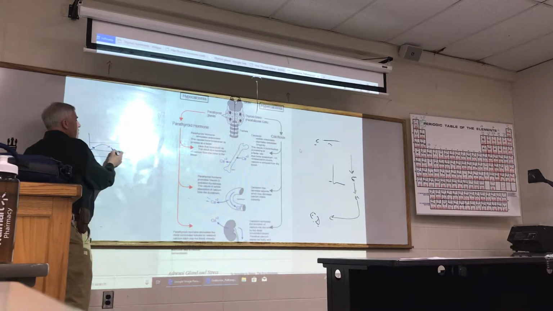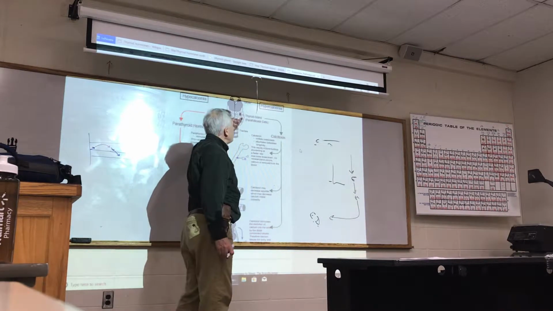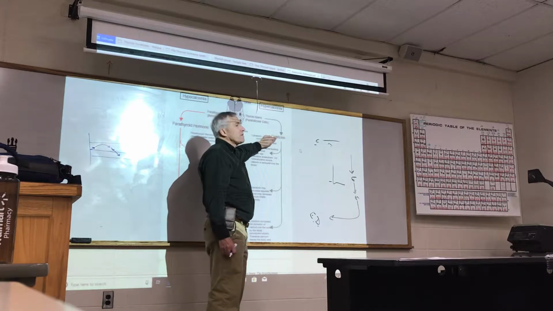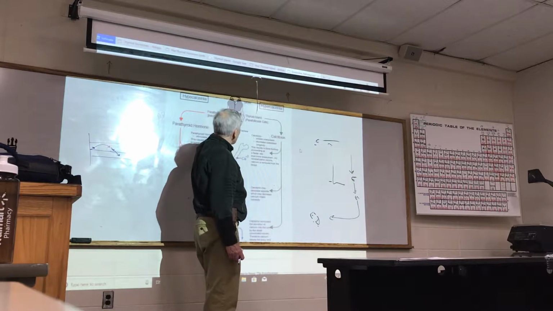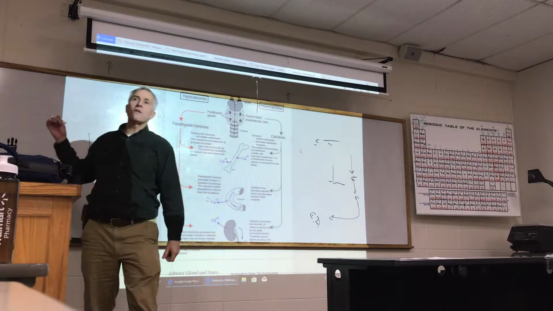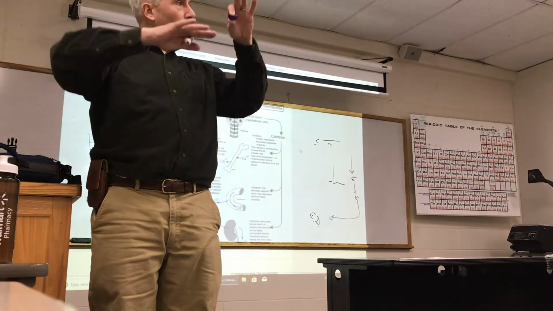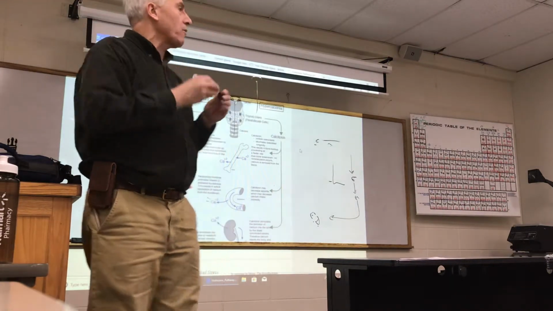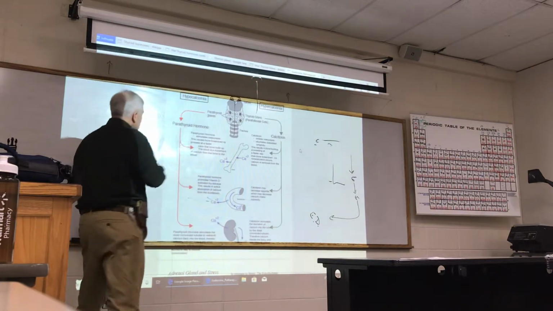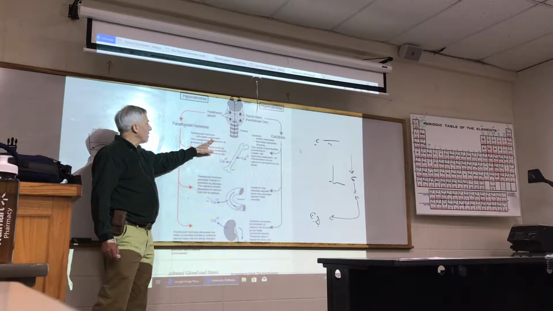So now, what if it goes below the set point? Well, now what happens is my parafollicular cells secrete less calcitonin, but my parathyroid glands now begin to secrete another hormone called parathyroid hormone. Okay, so both of these hormones are working together, and you never turn one off from the other. They just moderate. And so what happens in this case is this hormone will stimulate my osteoclasts.